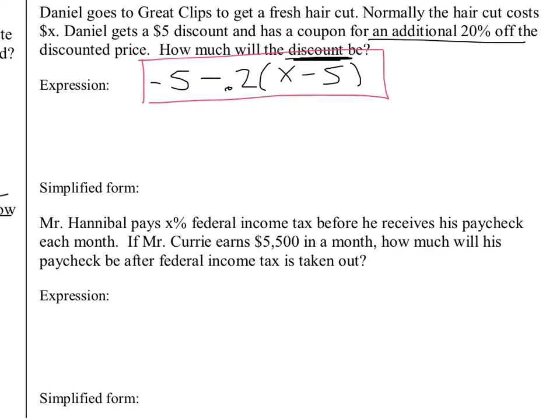So looking at this, I can go ahead and simplify: leave, change, switch, leave, change, switch. I've got a distribution to do here. -5 plus -0.2 times x plus -0.2 times -5.